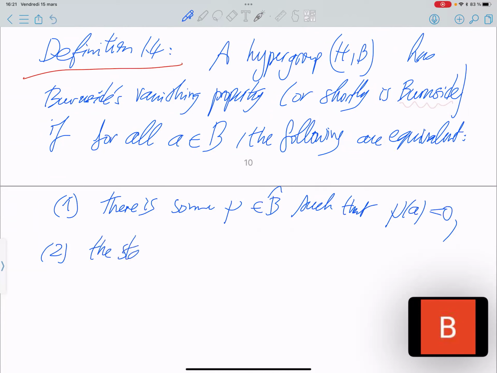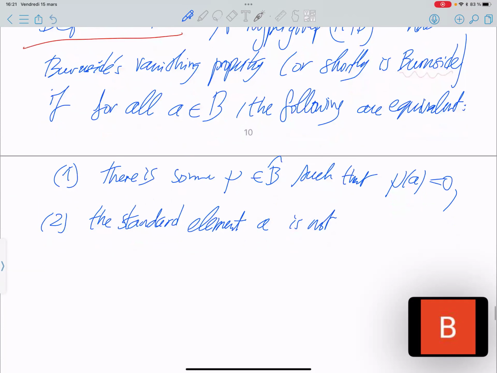The standard element A is not group-like. Okay.